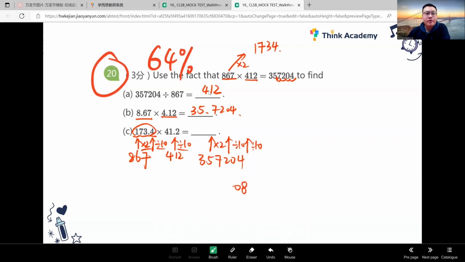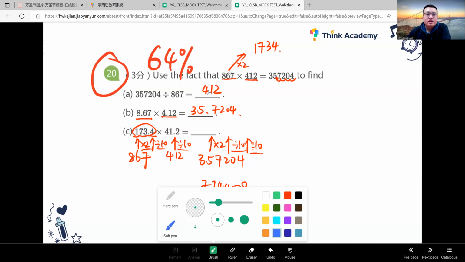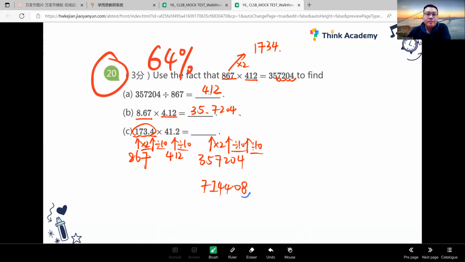You got 804,471. Okay, if you times that by 2, you got this number. And then you divide by 10, you divide by 10, basically you divide by 100. So you're going to move the decimal point left by 1 and 2 digits. So the final answer will be 7,144.08. Okay.